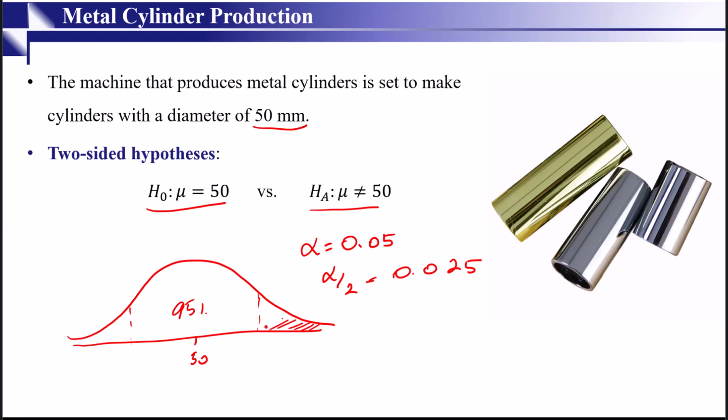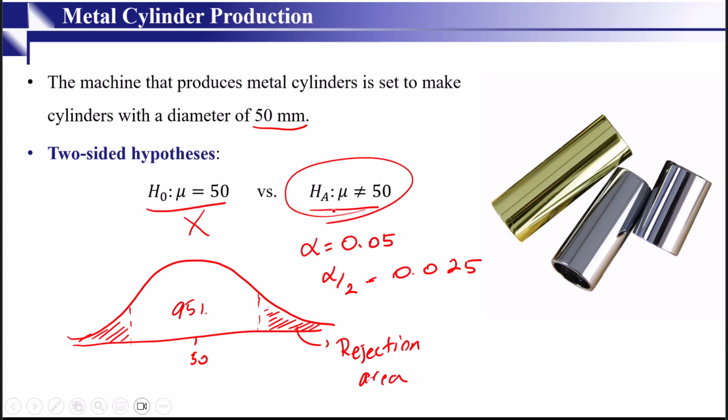So this area is the rejection area. It means if the value falls in these two regions, we will reject the null hypothesis and we can conclude that the alternative hypothesis is correct, and it means the machine is not calibrated correctly, right? So in here, we have like, for example, this one here, 0.025, and this one, 0.025, right?